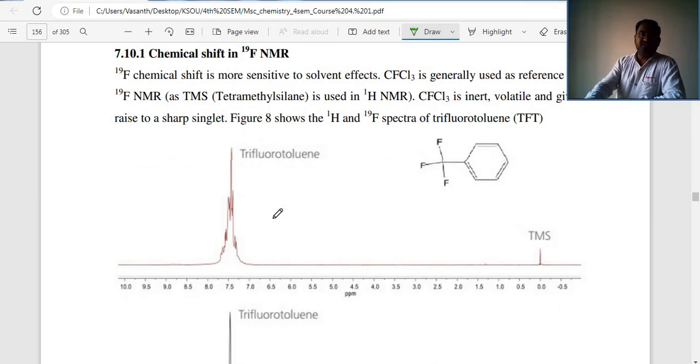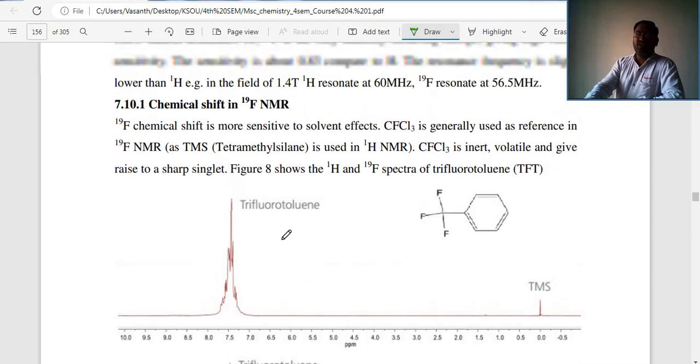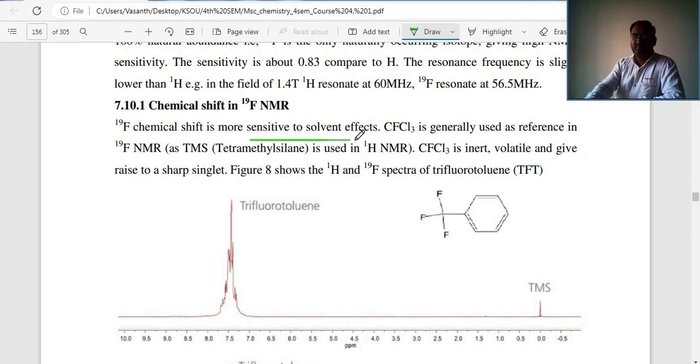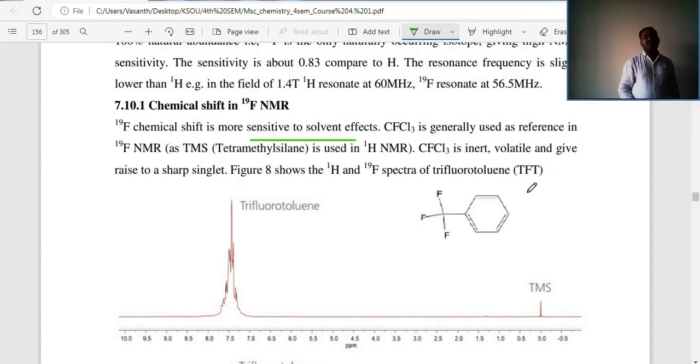This is the chemical shift in fluorine-19 NMR. The chemical shift is more sensitive to solvent effects.